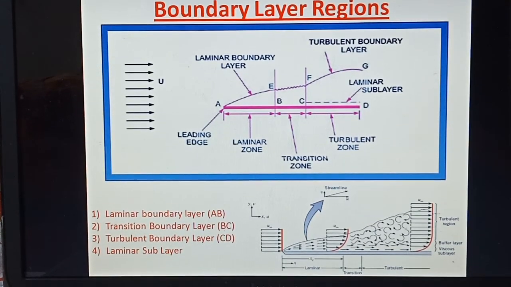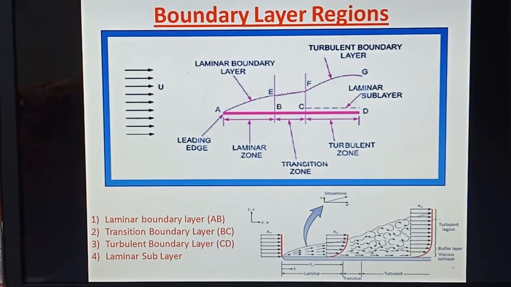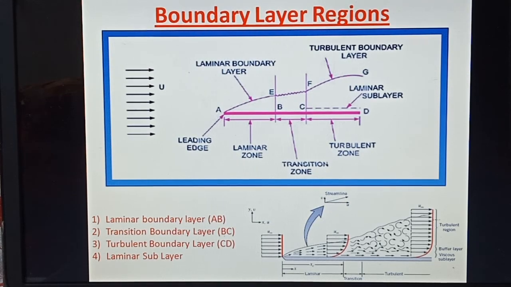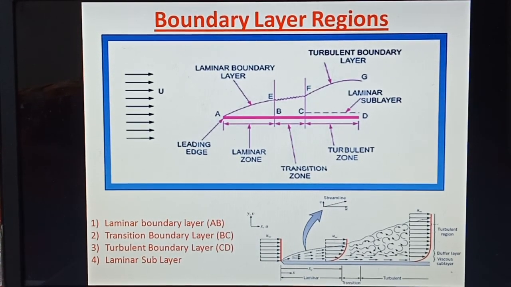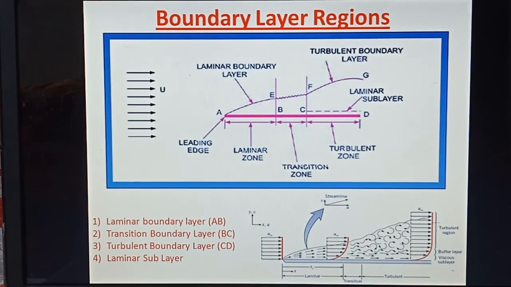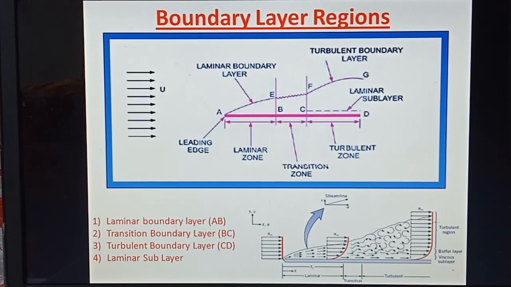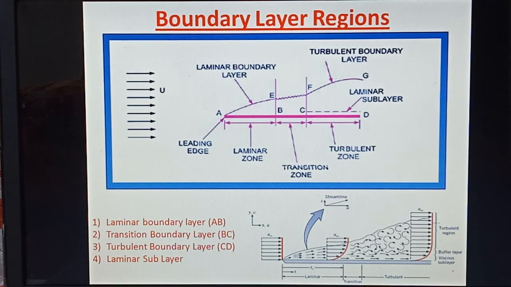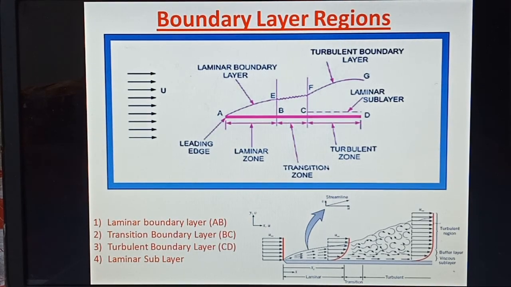Next, we will study the boundary layer regions. But before starting with the regions, first of all, we will discuss the main reason behind the formation of boundary layer. For that, consider a flow of fluid over a thin flat plate AD. The flow direction is given in the figure. The flow is taking place from left to right, and in between the flow we have placed a thin flat plate AD.